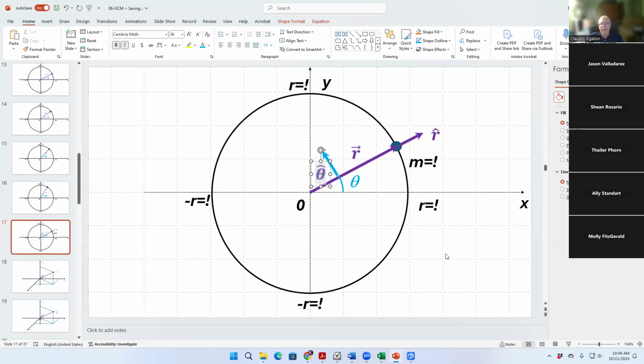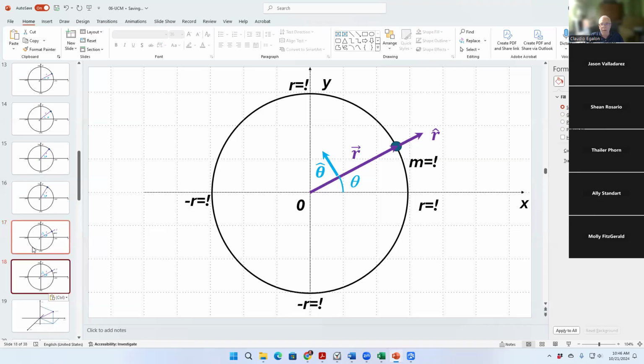Okay, theta hat. So we have the coordinate theta, and then we have the unit vector theta hat. And this unit vector theta hat is parallel to the velocity vector, right? So here you go. The unit vector is here.